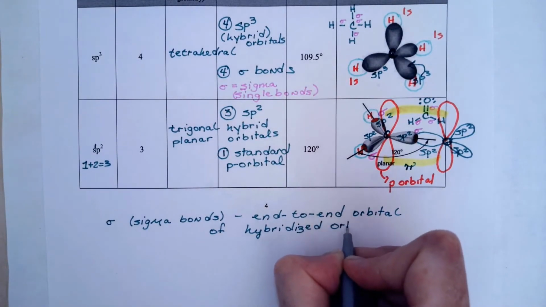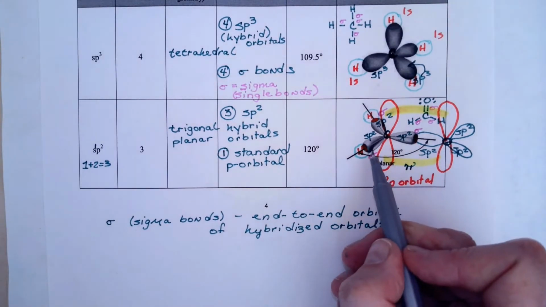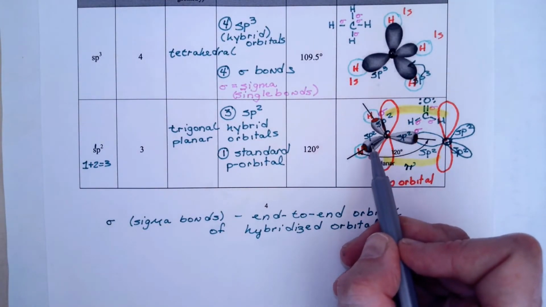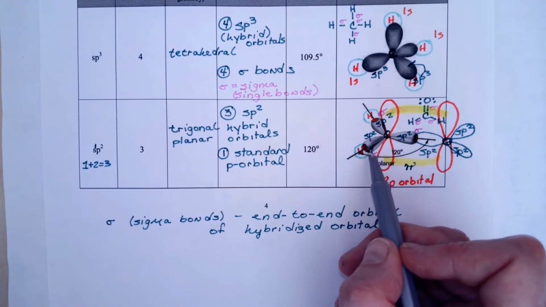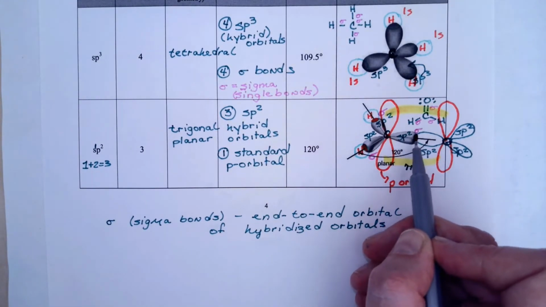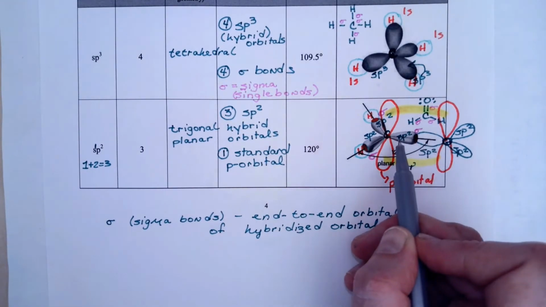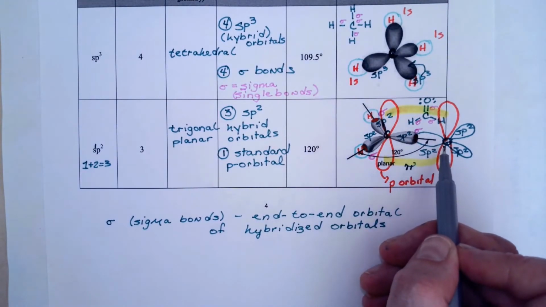The main exception, I would say, would be some of the group 7s and our hydrogens. We have the end-to-end overlap between a hybridized orbital and an s orbital or a p orbital. We're going to see all these different examples. But here's the classic end-to-end overlap between two hybrid orbitals: one hybrid orbital of the carbon and one hybrid orbital of the oxygen.